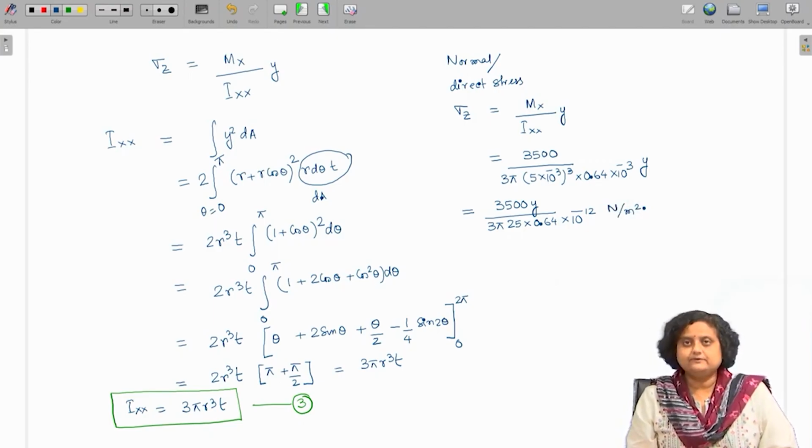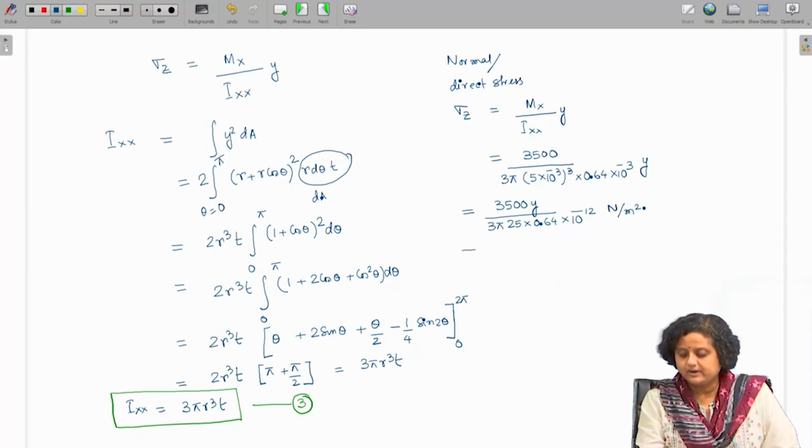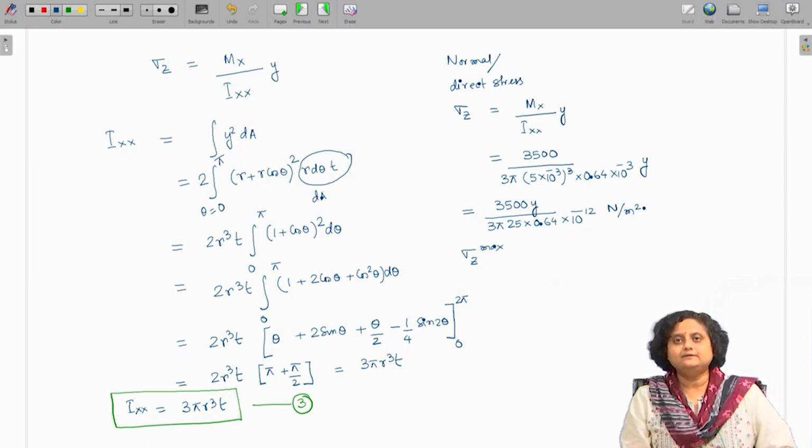Now, let us investigate where we are going to get sigma z max. It is very easy to evaluate sigma z max in this particular case, because it is only varying in y. So, we do not have the x coordinate appearing in this equation. The maximum value of y is going to give us the maximum value of sigma z.